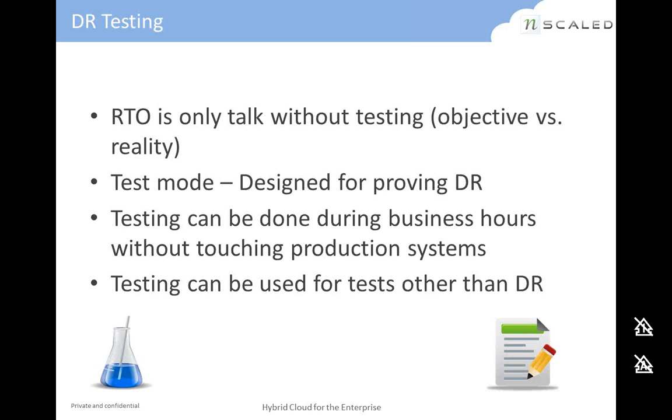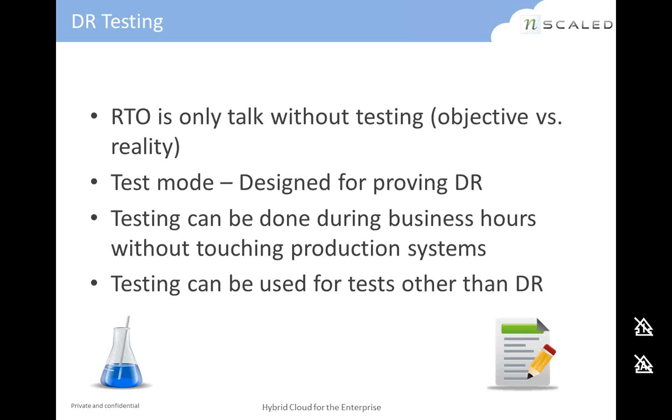And what we do is we take that Active Directory server that I was waxing poetic about earlier, how important it is to have a live Active Directory server running in the cloud. We snapshot it in the cloud and then make it available to you in our test network. So you can take the latest version of your Active Directory server and activate it in the test network. That gives you all of your current accounts, everything you need to run your AD environment, but it doesn't talk back to your other AD environment.